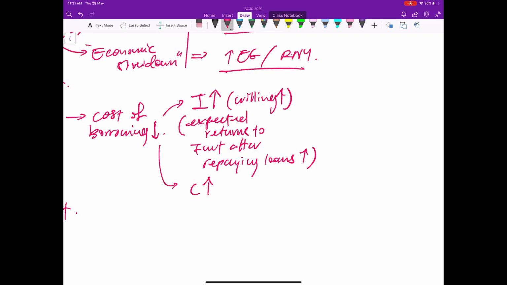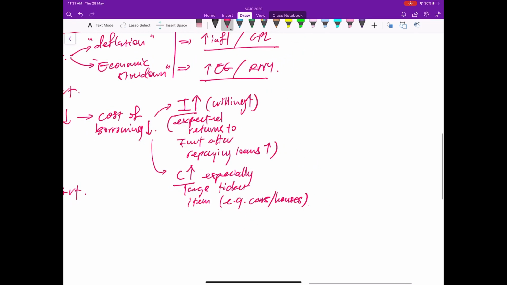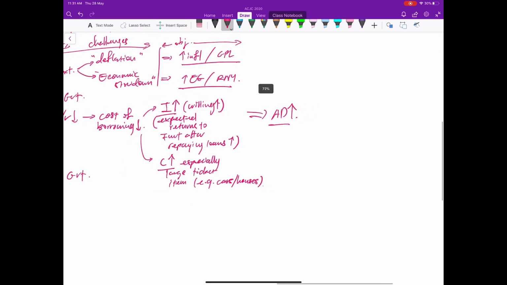Consumption is also likely to increase, right? Especially for large ticket items such as cars or houses. And when your C and I increase, your AD is likely to also increase.